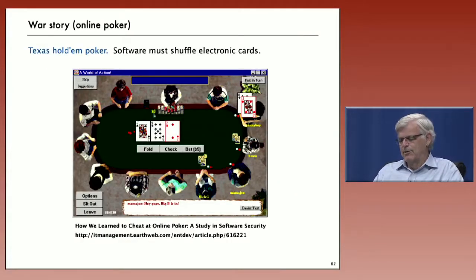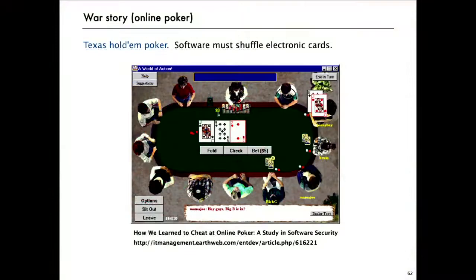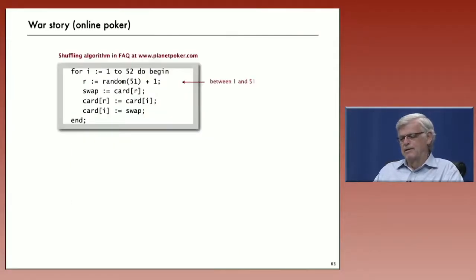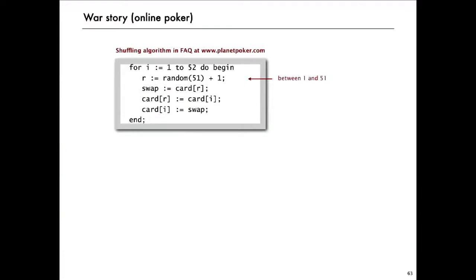Now, if you're going to be using methods that depend on randomness in real applications, you do have to be careful. This is just an example about software security. There are a lot of difficult and deep issues to worry about in software security, and we're not going to worry about all of them. But one thing that we can do is make sure that our algorithms work as advertised. So here's an example of an implementation for online poker. Here's code that you can find on the web for how to shuffle a deck of cards.